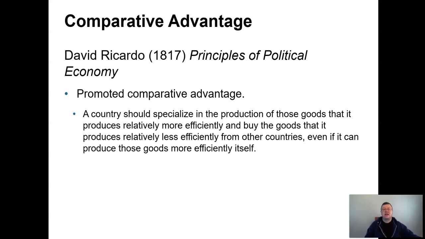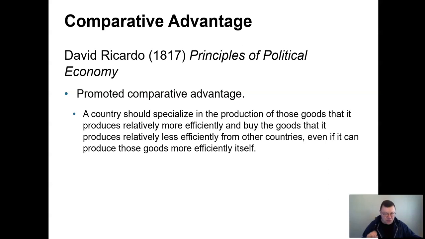Countries can still benefit from trade, even if one country is absolutely better off at producing everything. They can still benefit from trading with a less advanced country if the less advanced country has a comparative advantage.